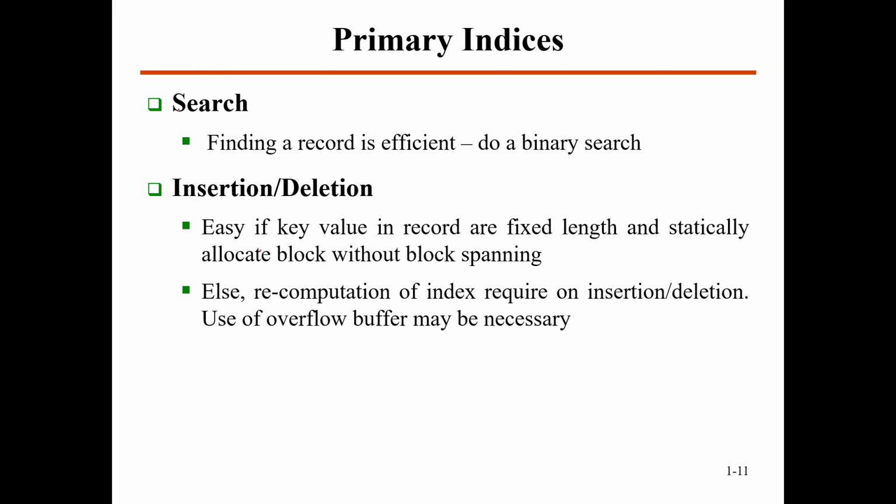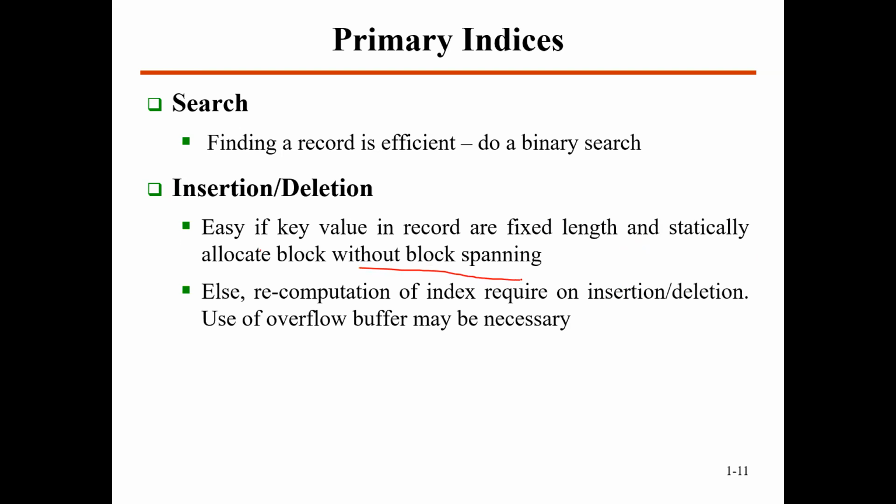Now, finding a record by using primary index is very fast. We do a binary search on the index. Insertion is easy because we have the key values in the records which are fixed length and arranged in order, and then it is easy for you to search or insert or delete the records in the blocks if they are not spanning.